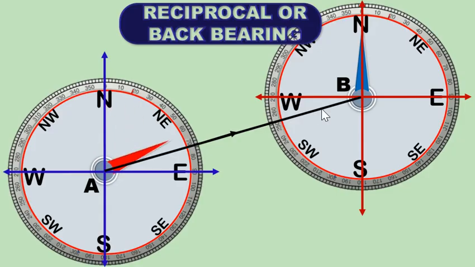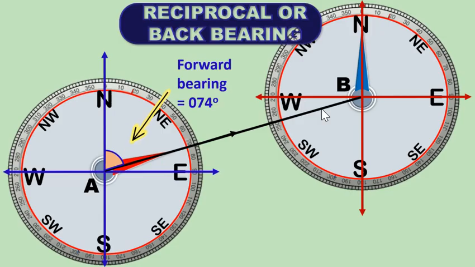So this is the forward bearing. That angle there is the forward bearing. And the angle is 074 in 3 digits, or north 74 degrees east.